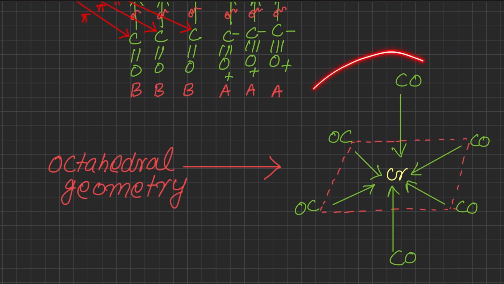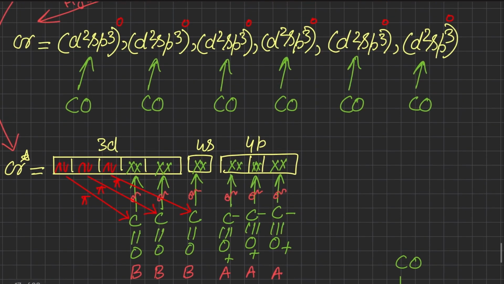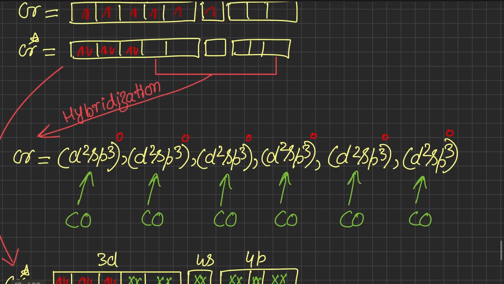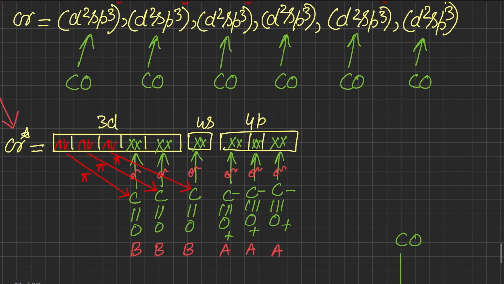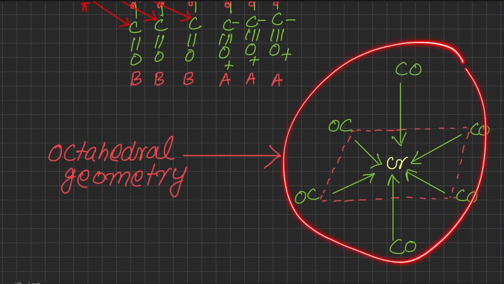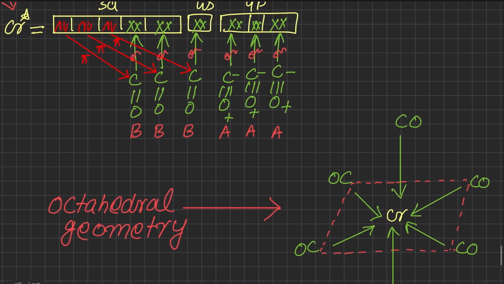Now why are we not showing that pi bond in this geometry? The reason is that the pi bond is not explained in hybridization theory. Hybridization theory says that the pi bond is not involved in hybridization. That is why, as we have drawn this diagram from hybridization theory, we will not draw pi bonds in these geometries.